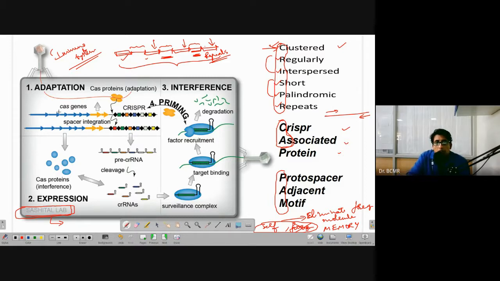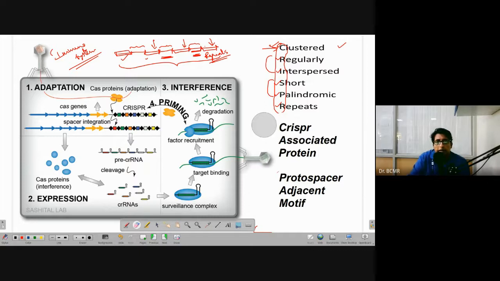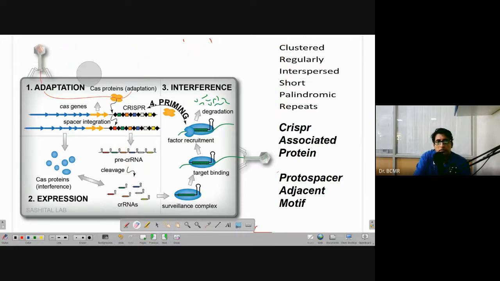Okay, so there are four steps in CRISPR. The first is adaptation. Before going on, I will again repeat what it means to be an immune system: to be able to distinguish self from foreign. You have to remember this until we finish today's class, that they have this self and foreign distinction, and then there should be memory.